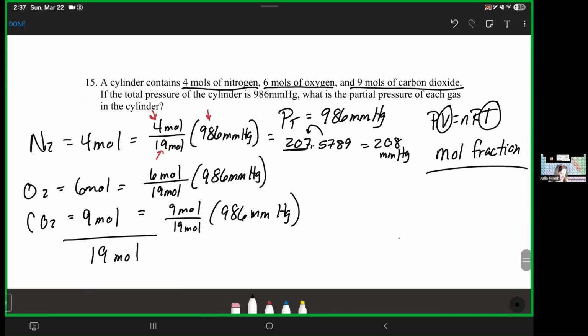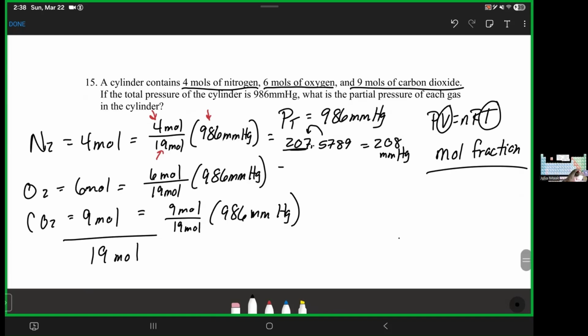6 divided by 19 times my 986 gives me a very small number. Hold on. Oh, I divided by my 986. No wonder something seemed wrong there. Times 986.